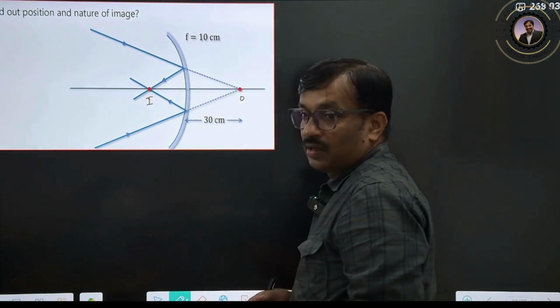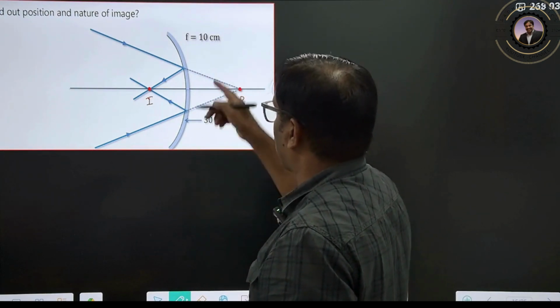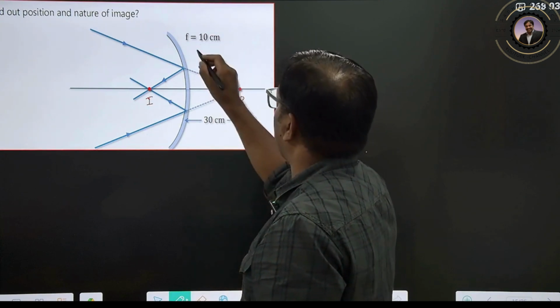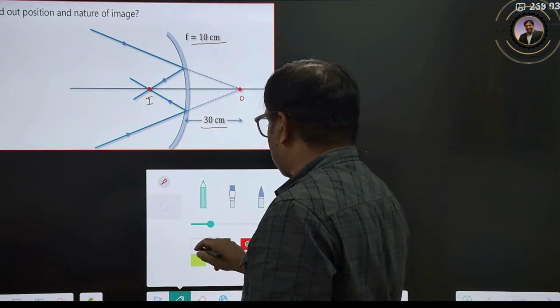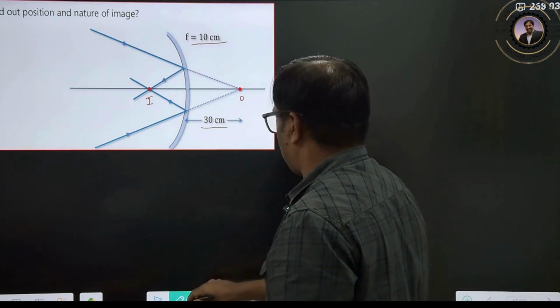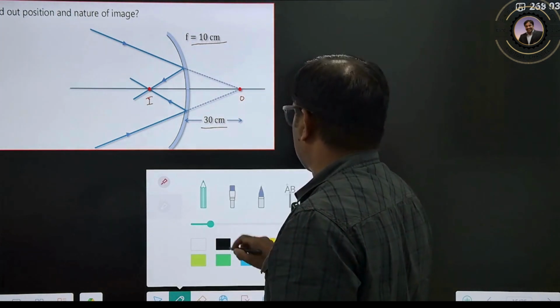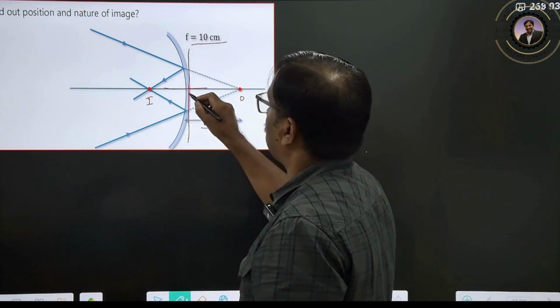You understand? So here the focal length of this concave mirror is given. Here the object is at 30 centimeter. This is a very important point. Therefore, for the object distance you have to consider this as your origin.